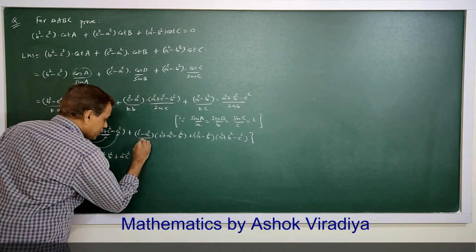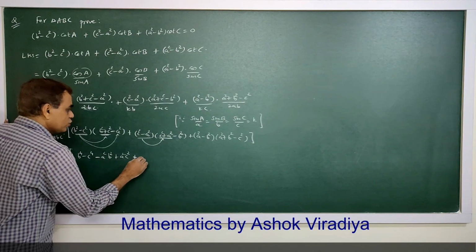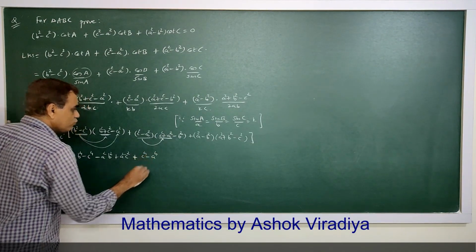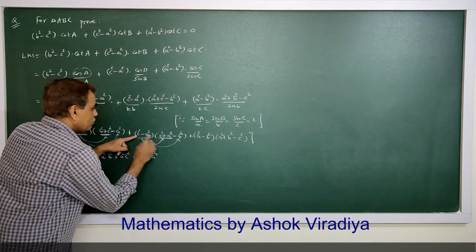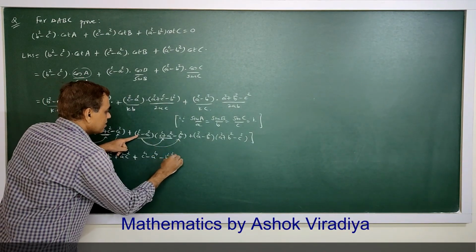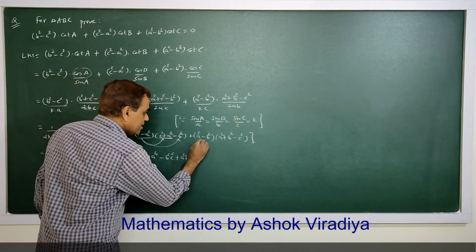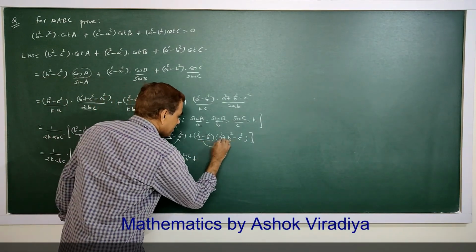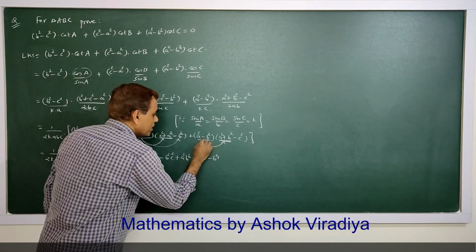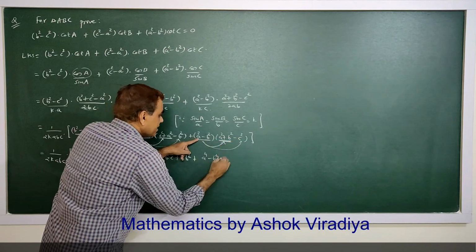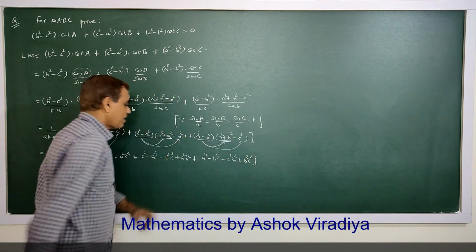Similarly, c square minus a square into c square plus a square is c raised to 4 minus a raised to 4. And multiplying this with minus b square, so minus b square c square plus a square b square. Similarly here, multiplying this bunch with a square plus b square, so it is a raised to 4 minus b raised to 4, and with this number minus c square a square plus b square c square.